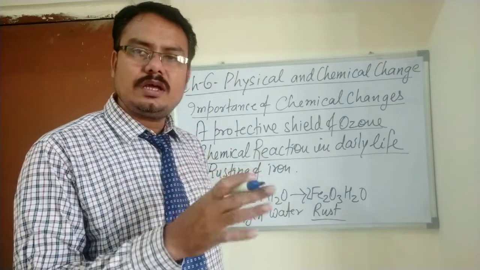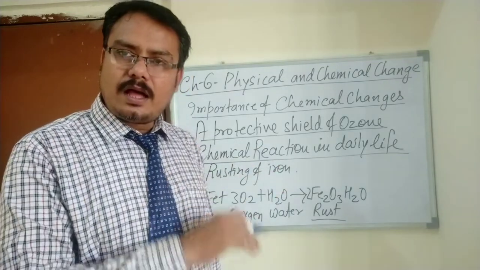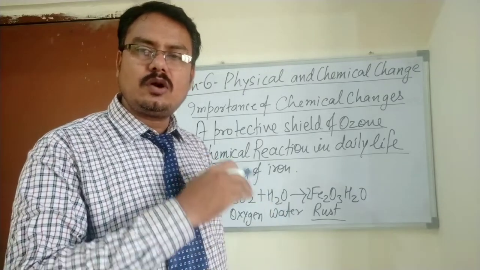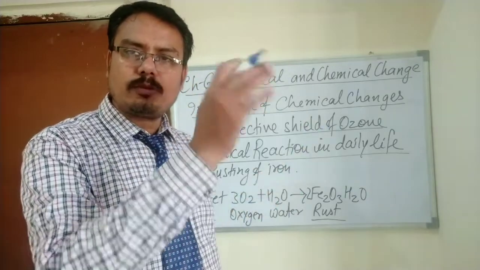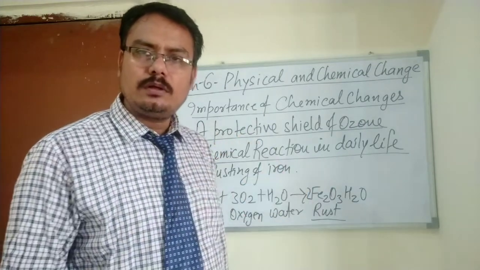when that moist air comes in contact with that iron object, the iron, that is ferrous, comes in contact with the oxygen along with the water present in the air in the form of vapor.